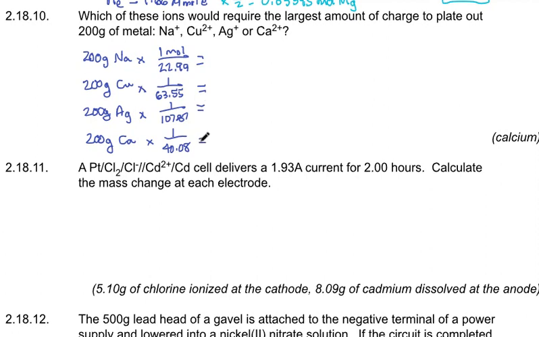So lots of calculating. 200 divided by 22.99 is 8.699 moles of sodium. 200 divided by 63.55 is 3.147 moles of copper. 200 divided by 107.87 is 1.854 moles of silver.